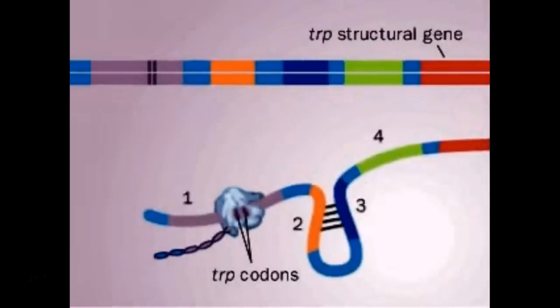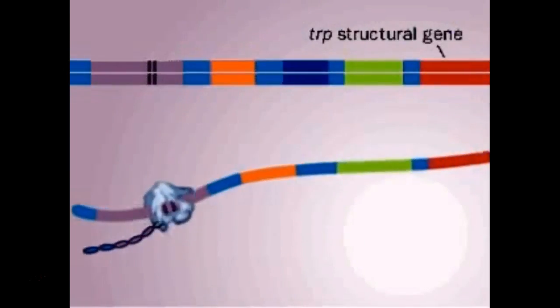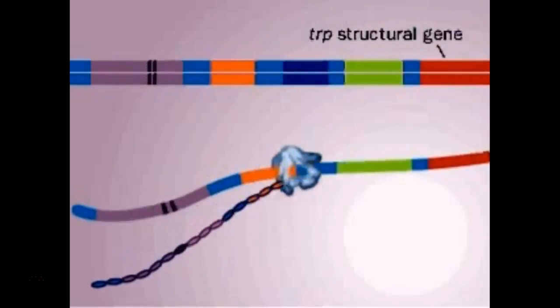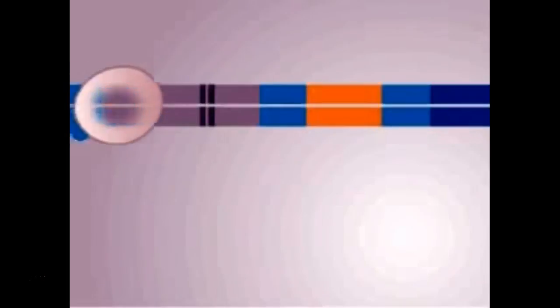And while they wait, a pair of complementary regions of the mRNA, called 2 and 3, form a stem and loop. The next region that could have paired with 3 is not yet transcribed. When the trp tRNAs appear, translation continues through the structural genes, and thus more tryptophan is produced.